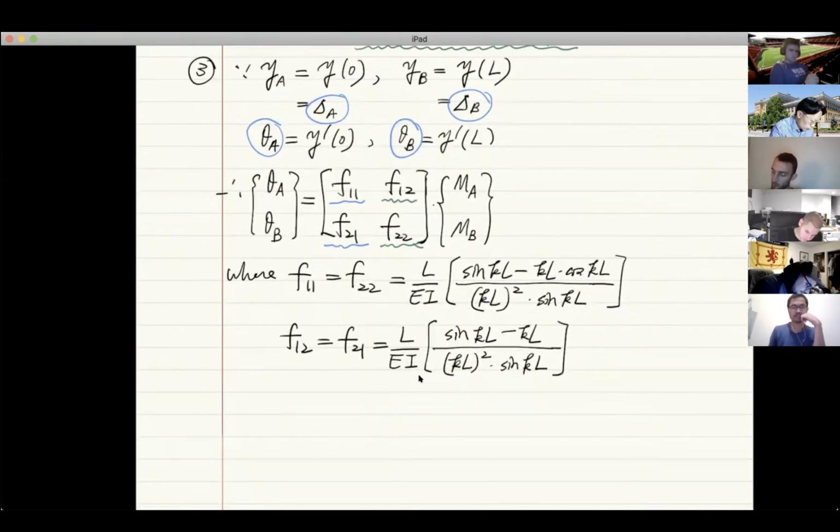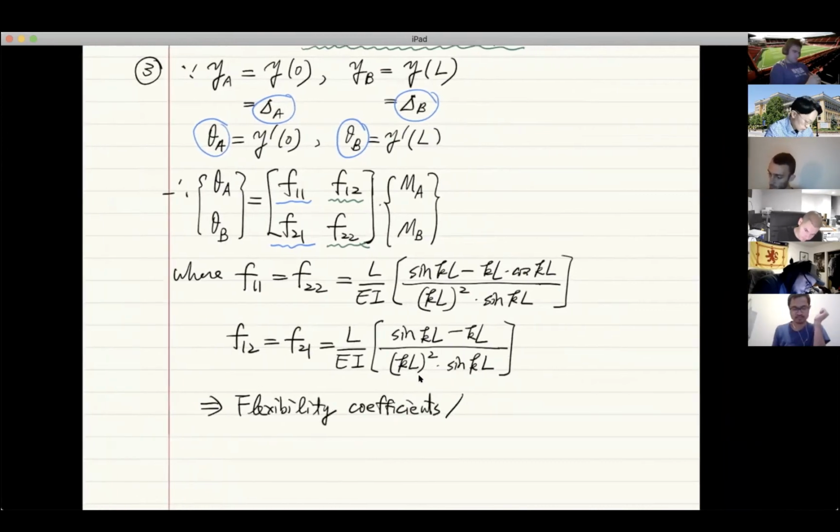So these are what we call flexibility coefficients. Sometimes people call them flexibility functions.